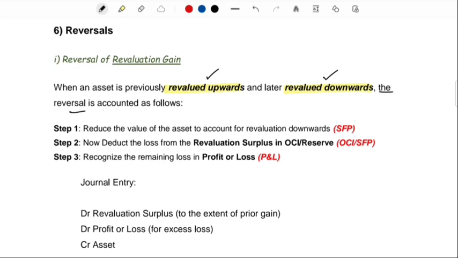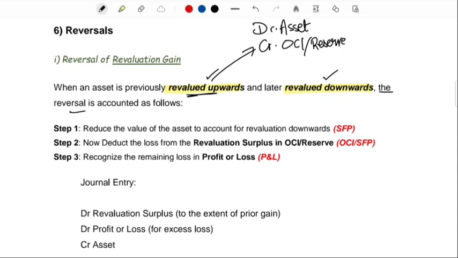Now there are steps in order to account for the journal entry, in order to understand the numbers. Once it was revalued upwards, the journal entry the company must have passed at that point would have been debit asset, to account for the increase in the value of the asset, and a credit to OCI, or the equity account, which is the revaluation reserve.